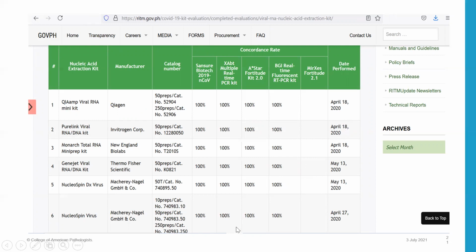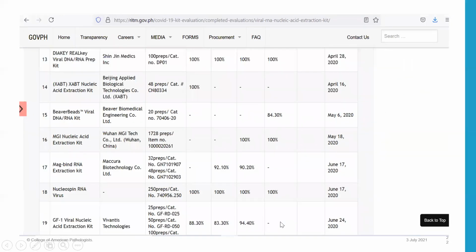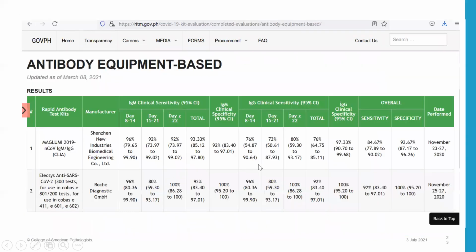And as well as all the others. And in our study, we use the MGI nucleic acid extraction kit. And so far, it has passed at least 2 of the criteria as of May 2020, and so on.